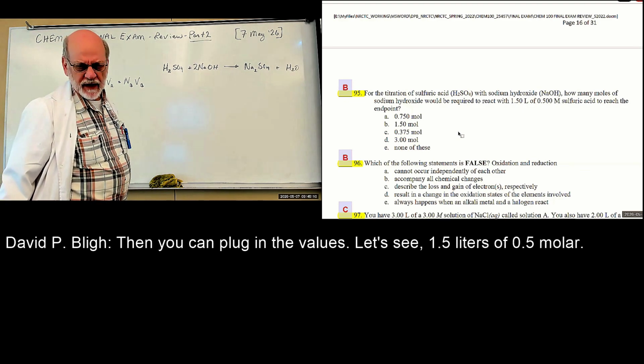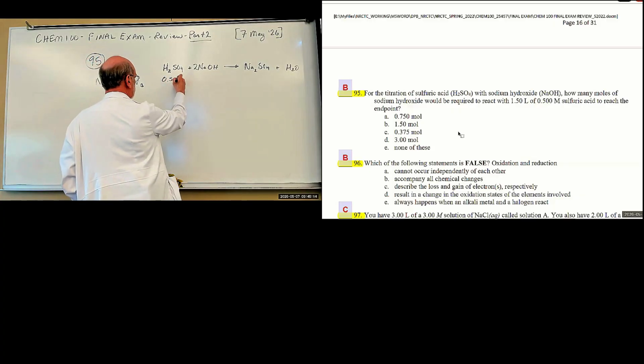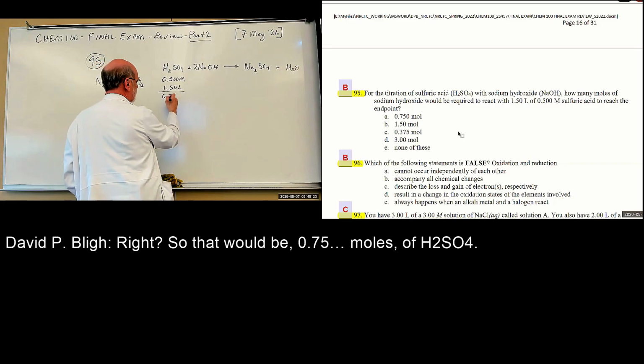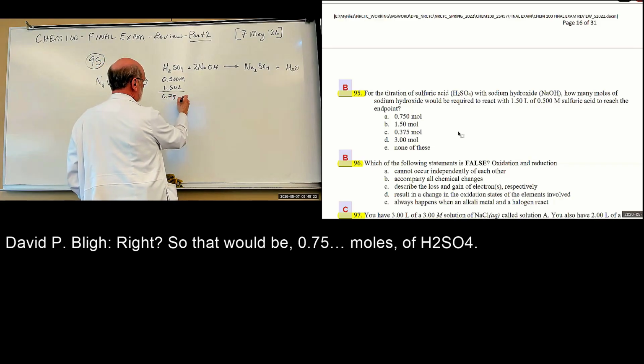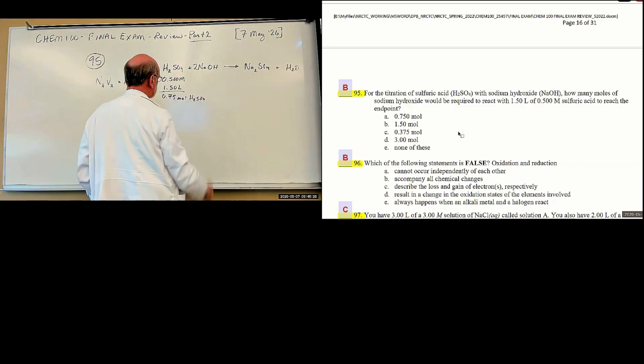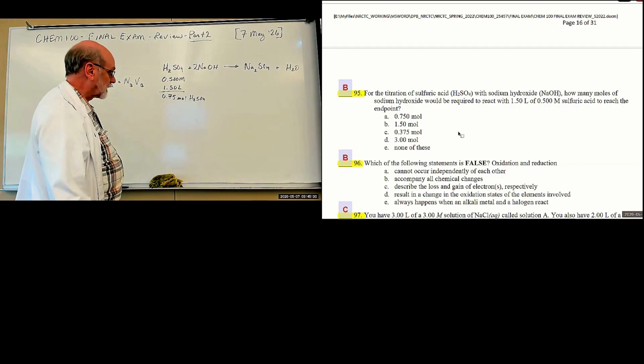Let's see, 1.5 liters of 0.5 molar. Right? So that would be 0.75 moles of H2SO4, if I calculated correctly.